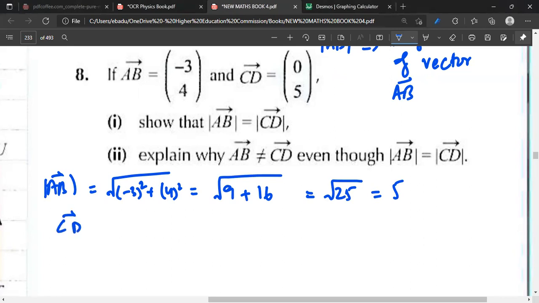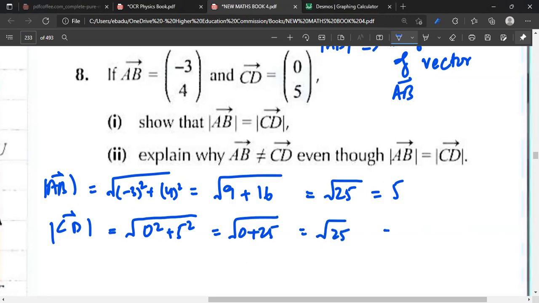And CD is equal to the square root of 0 squared plus 5 squared, which is 0 plus 25, the square root of 25, equals 5. So the magnitude of AB is equal to the magnitude of CD.